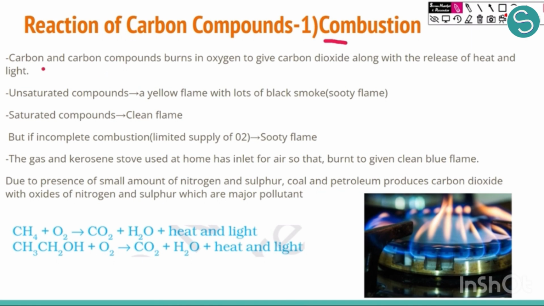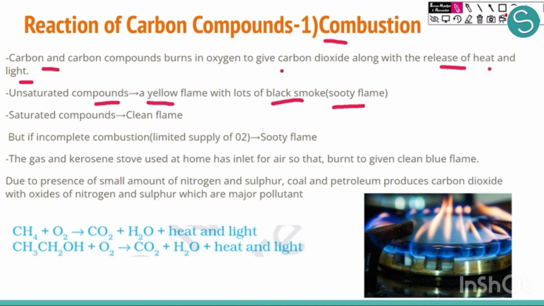Now carbon and carbon compounds burn in oxygen to give carbon dioxide along with the release of heat and light. So whenever a carbon compound is burned in oxygen, it gives us carbon dioxide, heat and light. For unsaturated compounds, we get a yellow flame with black smoke, and such flames are called sooty flames, because they give us a black carbon-type compound which settles on the vessel.